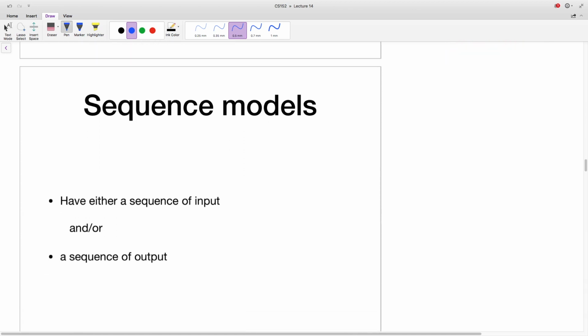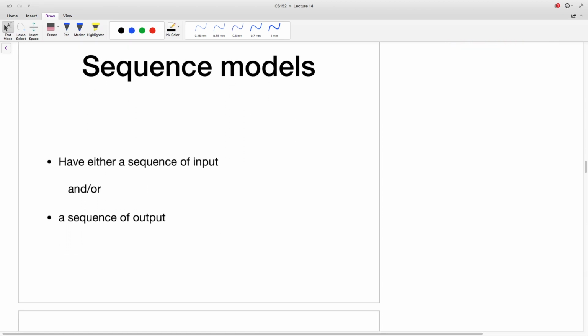All right, sequence models. Sequence models, well, you either have a sequence of input or a sequence of output. I suppose if you wanted, you could think of an image as a sequence of pixels. Yeah, you could do that. But we'd lose a lot of information if we just looked at it as pixel 1, pixel 2, pixel 3, pixel 4, on and on.